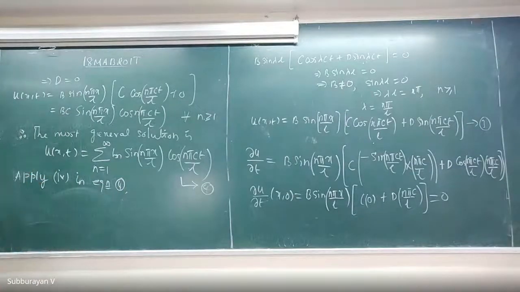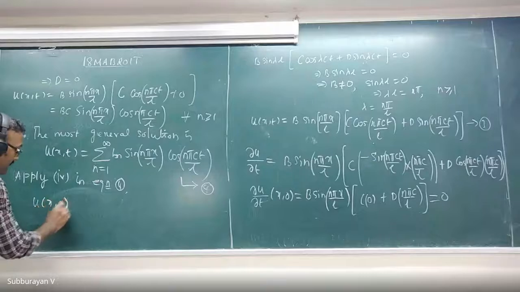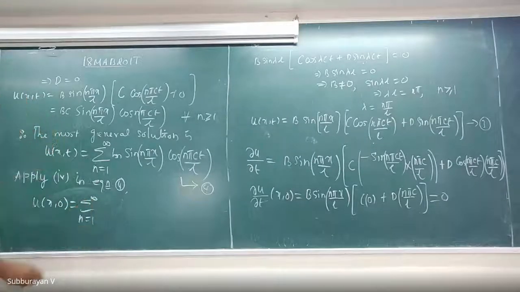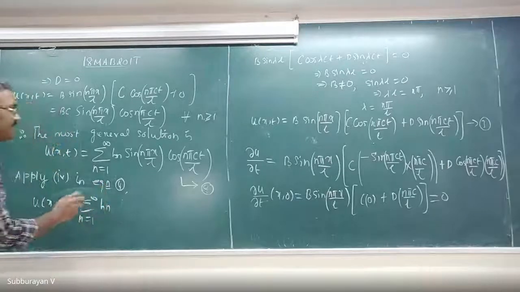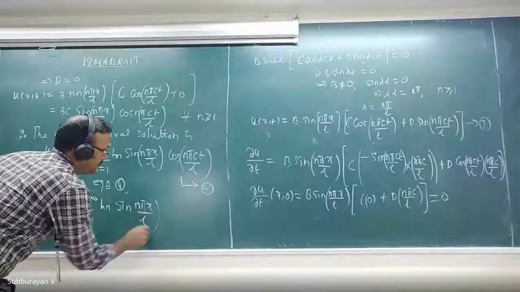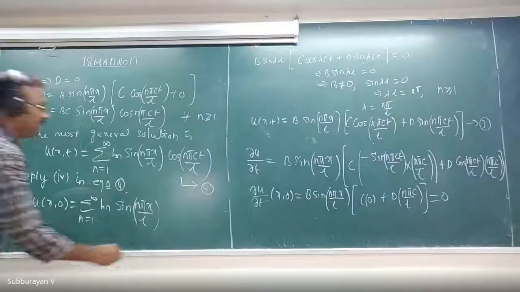What should I put? I should put t equal to 0. That is u of x comma 0, which is the summation n equal to 1 to infinity Dn into sin n pi x by L into cos 0.